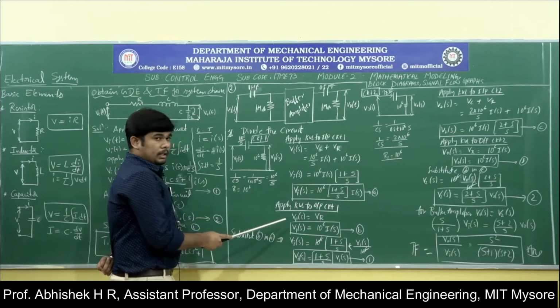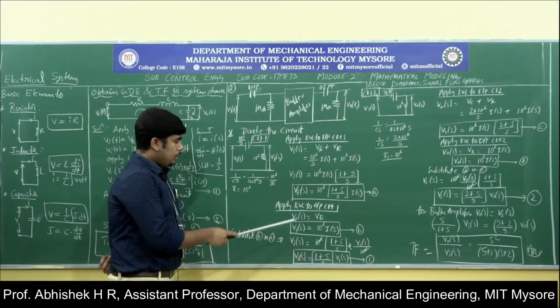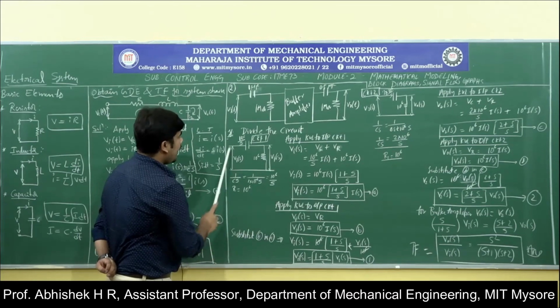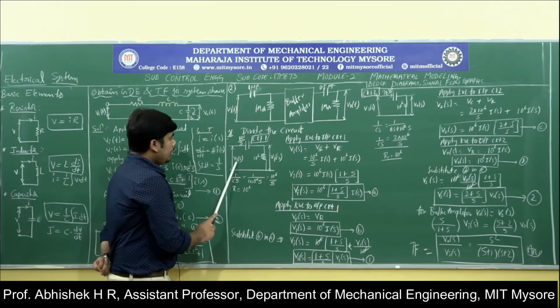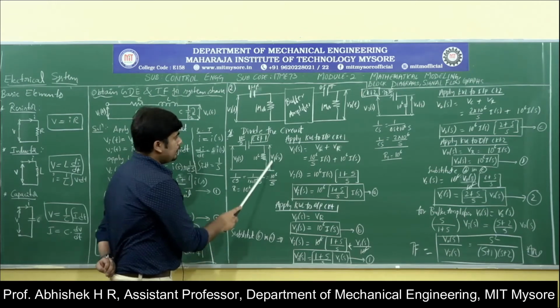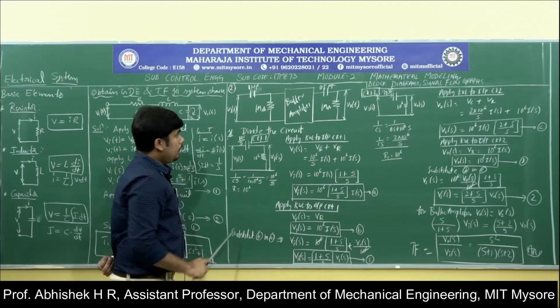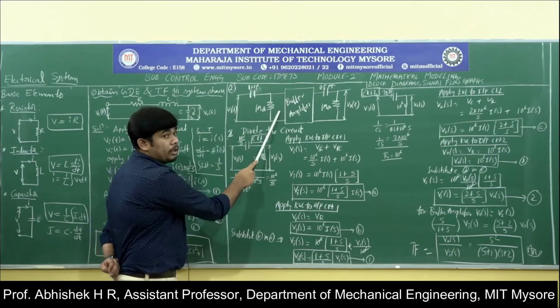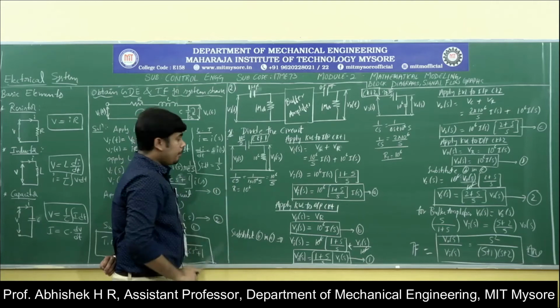Now apply the Kirchhoff voltage law to the output circuit. Now I have applied the KVL to the input voltage. Now I am going to apply it for the output voltage, that is V1 of S. See, this is the input voltage and this is V1, the output voltage for this circuit.